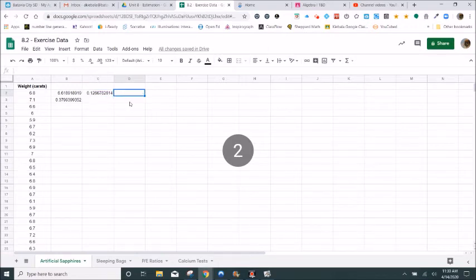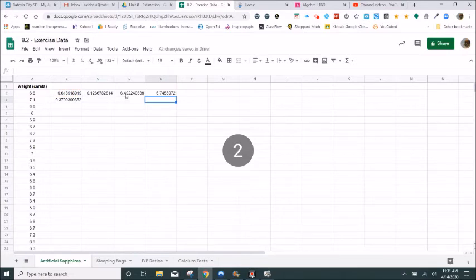So on Google Sheets, we actually have to subtract it off of the mean and add it on to the mean. So I'm going to do the mean minus what I just calculated, the error. And then in my next cell I'm going to do equals the mean plus the error.